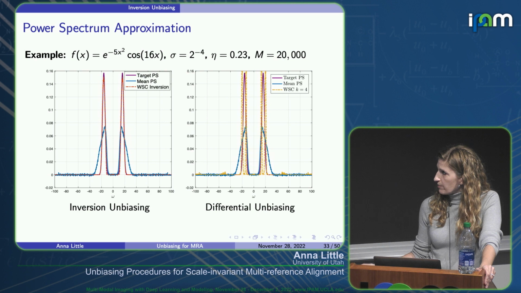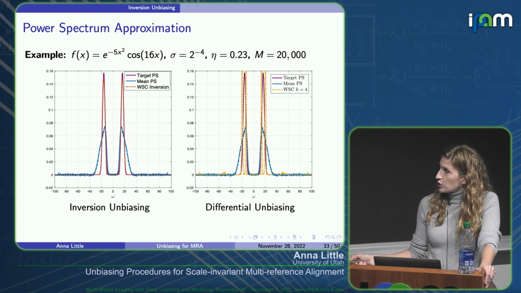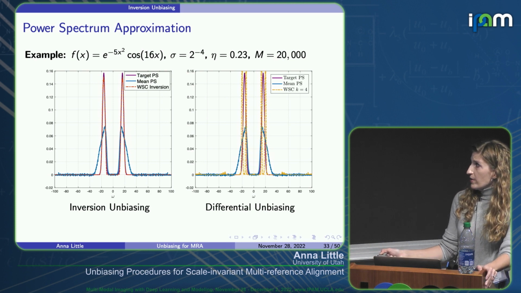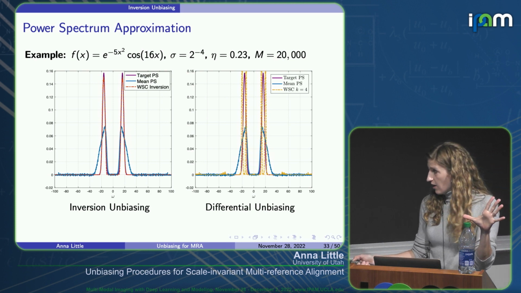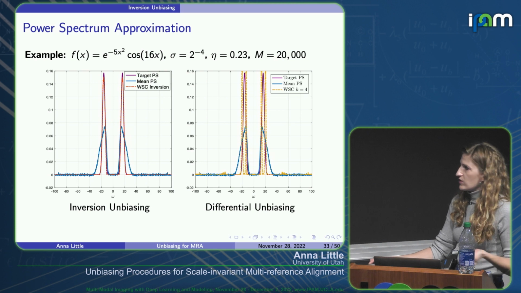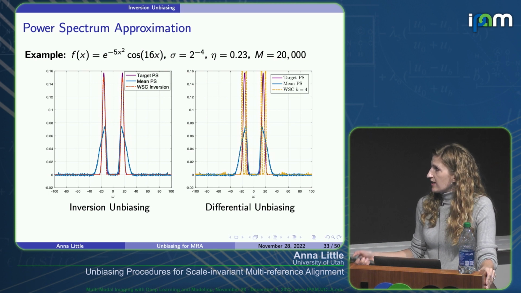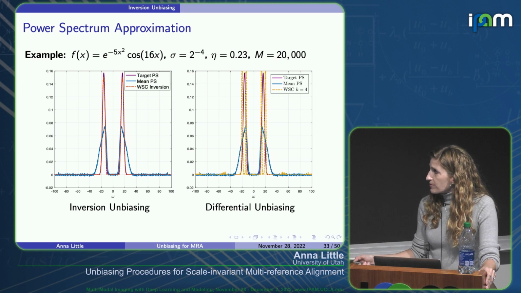But with the inversion unbiasing, it matches the power spectrum very well. On the other hand, with dilations this large, the differential unbiasing procedure fails. It can't handle dilations that large, and it doesn't give you anything good.